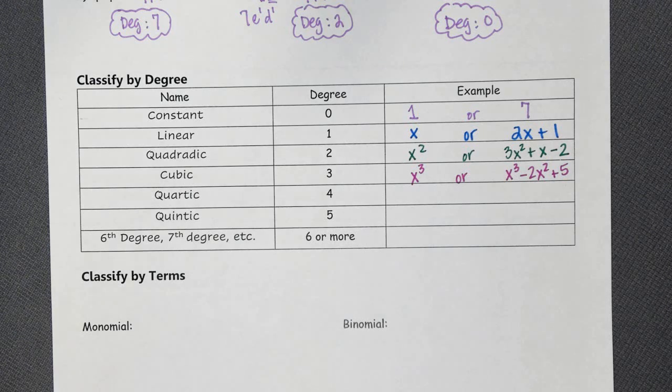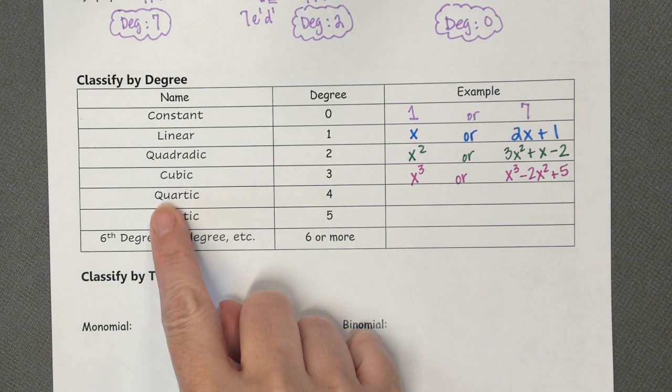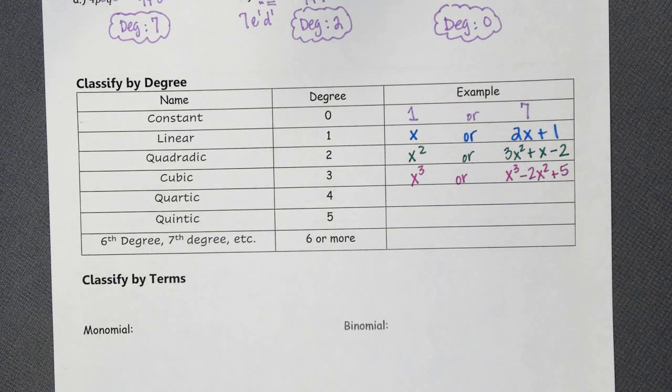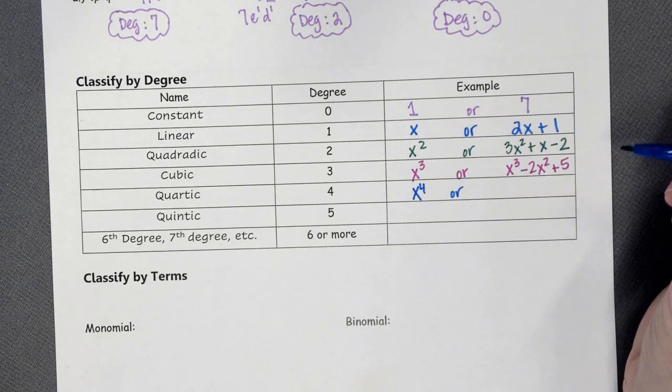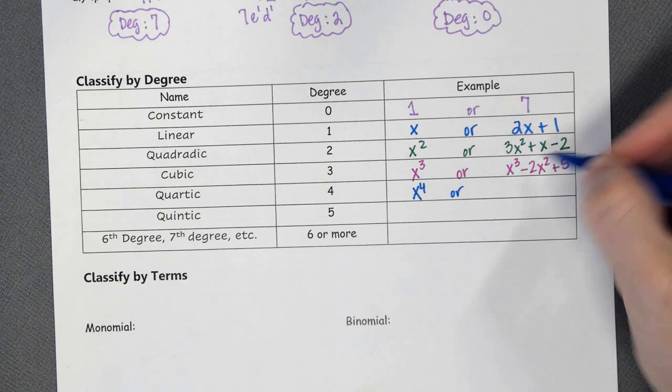Okay, and then we have a quartic. The prefix is quart, that means there's going to be 4. So for that one, you can have x to the 4th, or you can have a combination.